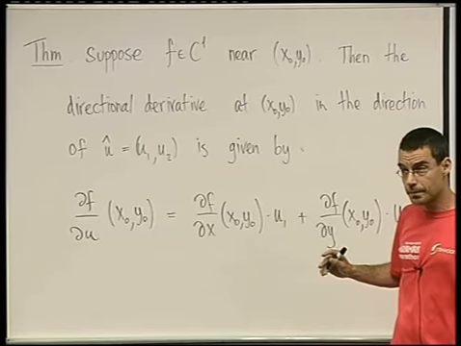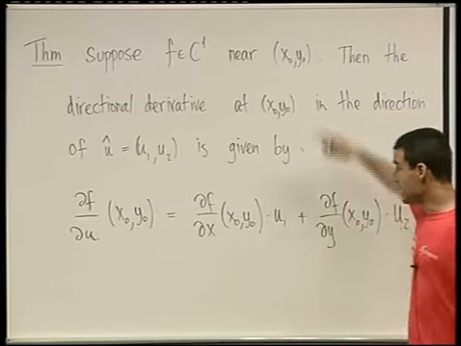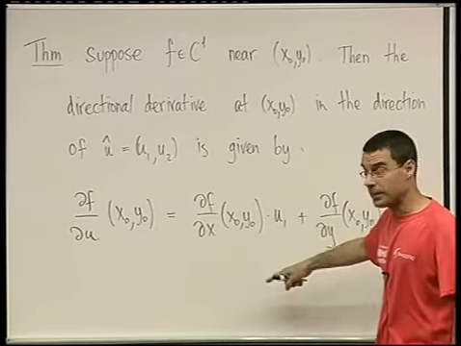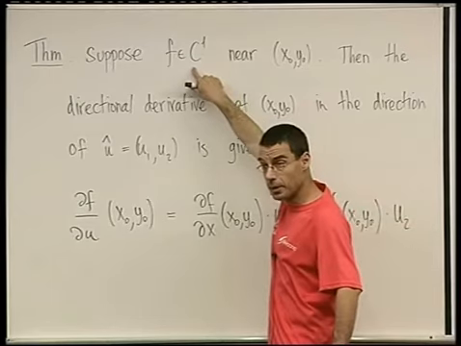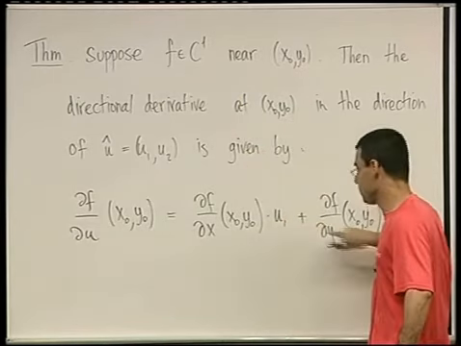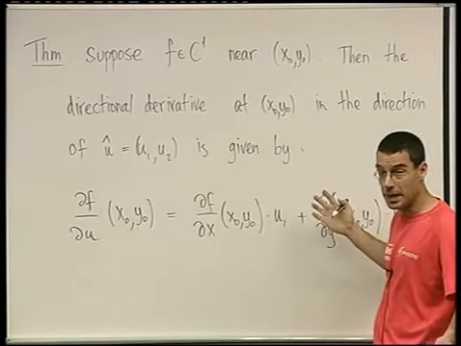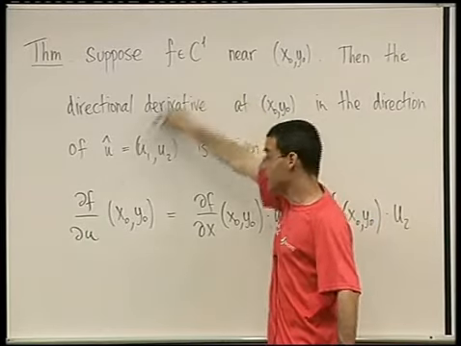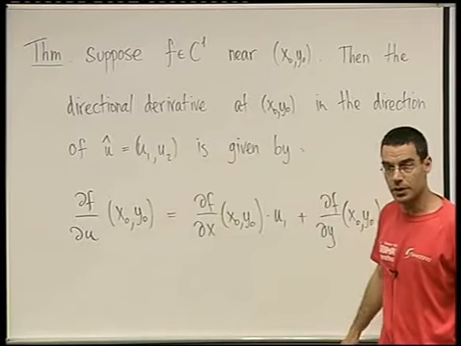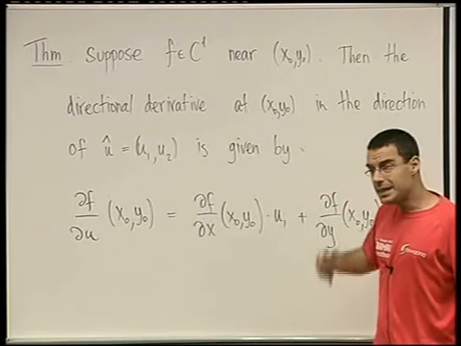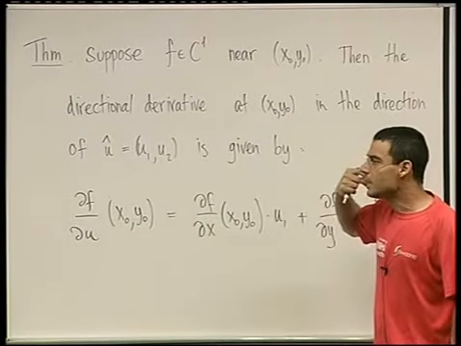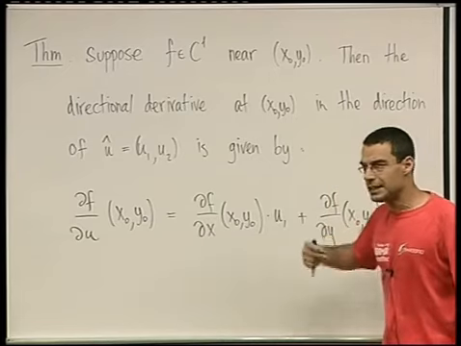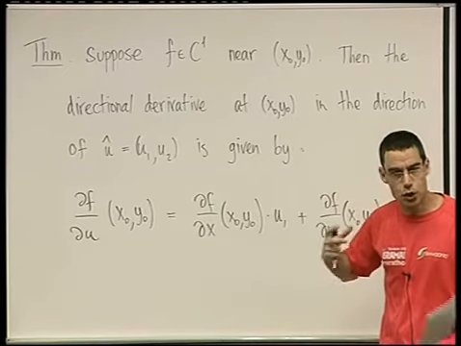But it does follow from this theorem that if a function is differentiable, we already know that differentiable implies it has partials, the a and the b, but it follows that if it's differentiable, if it's C1, it has all the directional derivatives. And at this point, you should feel that that's something right, that should happen.